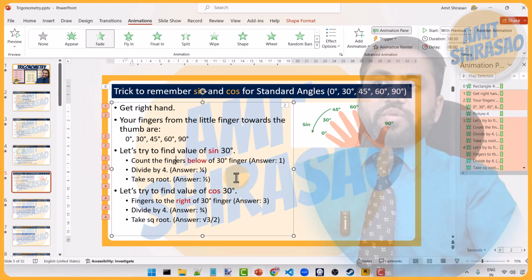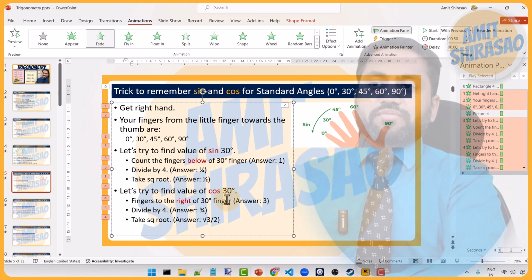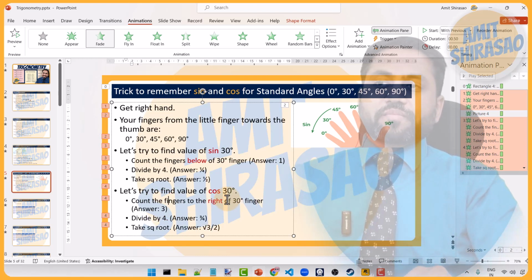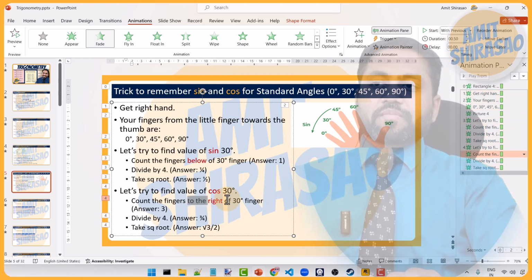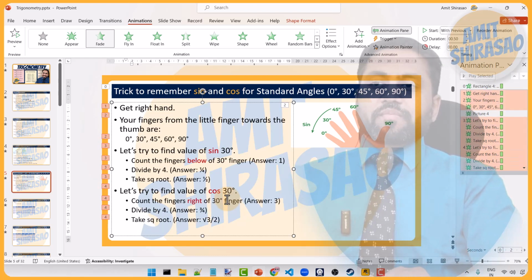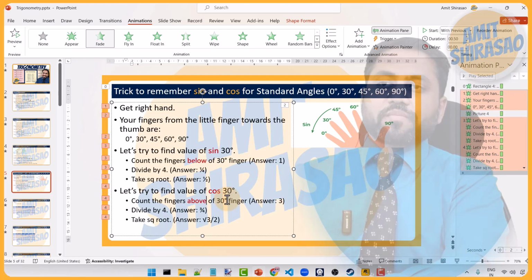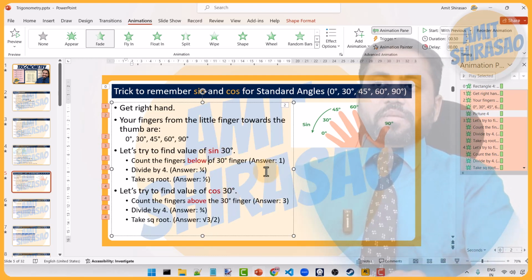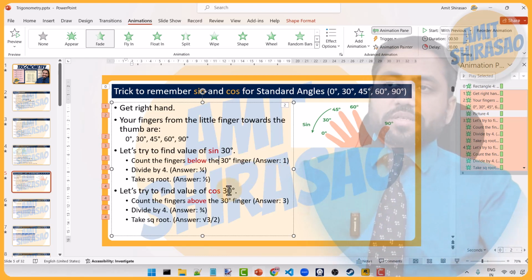Count the fingers below the 30 degrees finger, and here I'll say count the fingers above. Okay, so this is how it is.